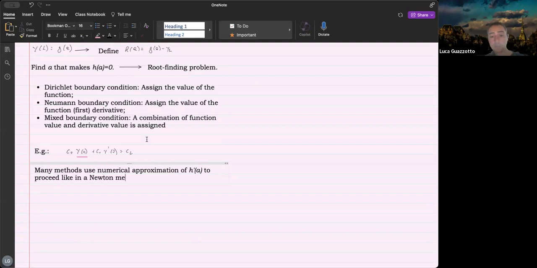The reason is that, as we've seen many times, the Newton method is pretty often a method that converges pretty quickly. So what do you do in that case?